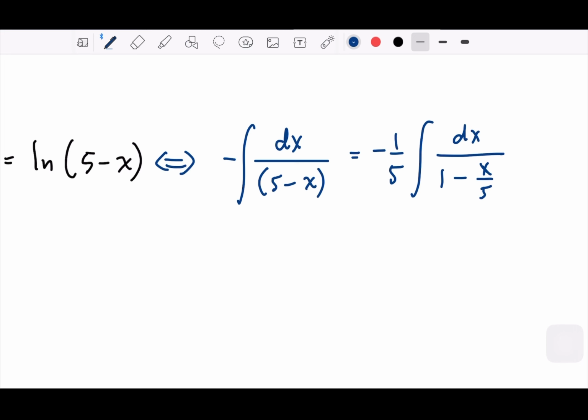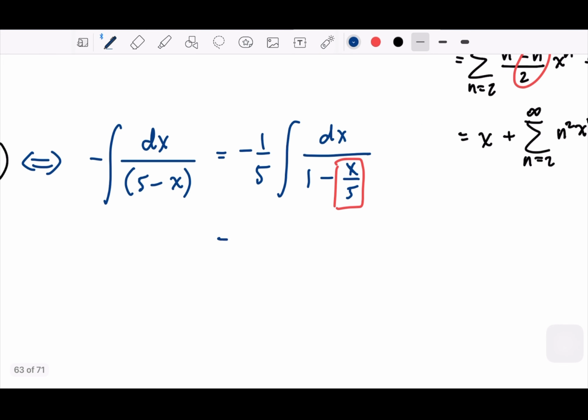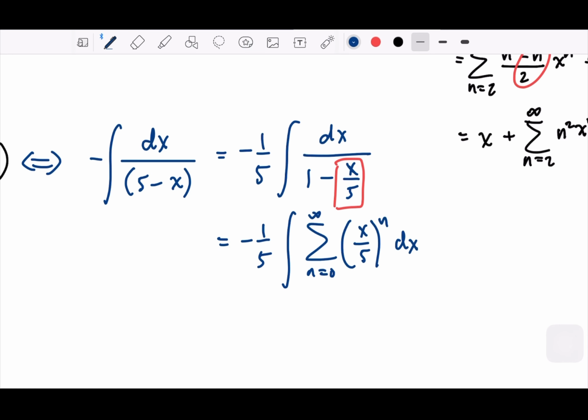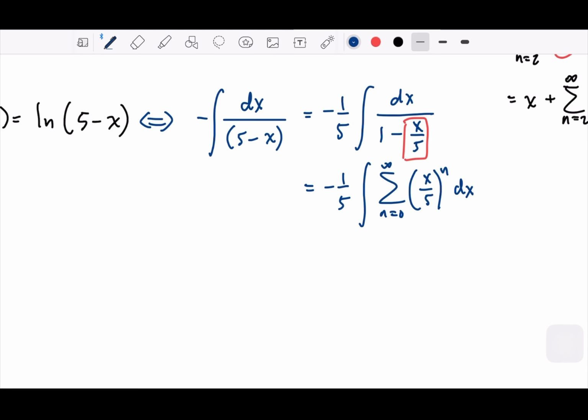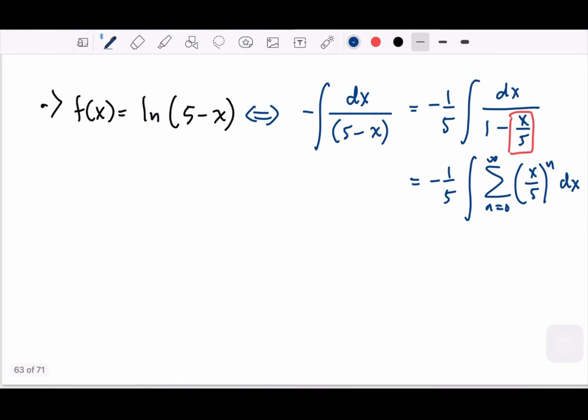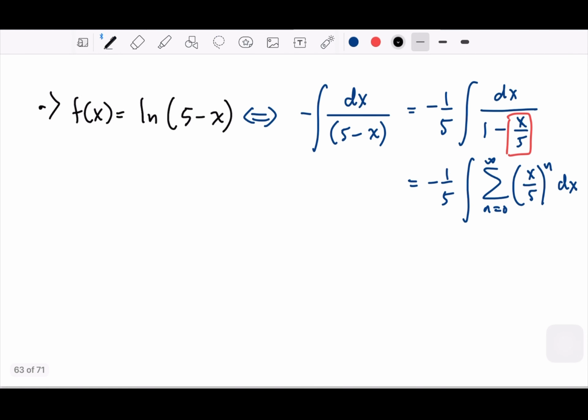Okay, we can think from this point of view, and then we can use this information to make our sum. Okay, so we will have the sum of (x over 5) with power of n dx.